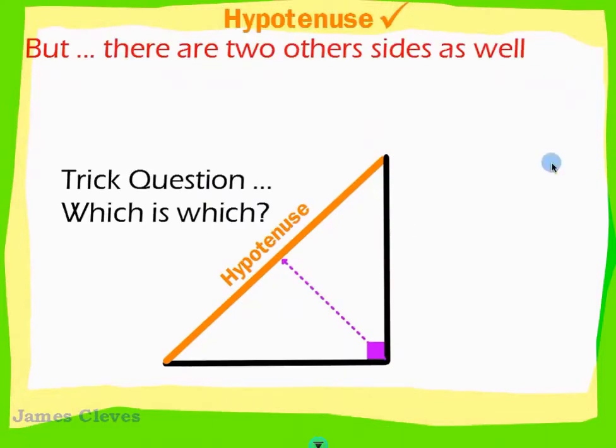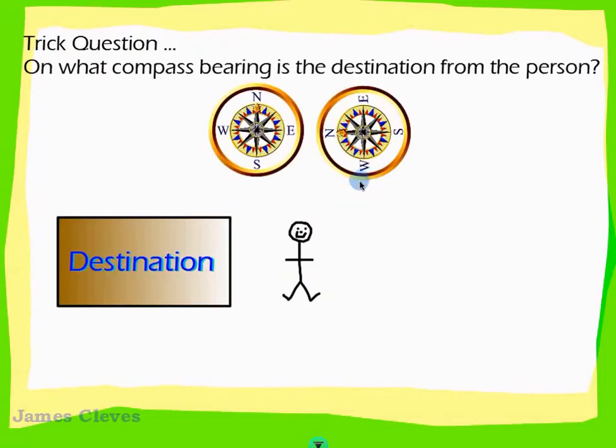But there are, of course, two other sides, because triangles have three sides. So which is which? It's a trick question because we can't label them yet, and I'll show you why. Say we've got two different points of reference here. We've got one compass this way round and another compass this way around. We've got a person here and a destination.